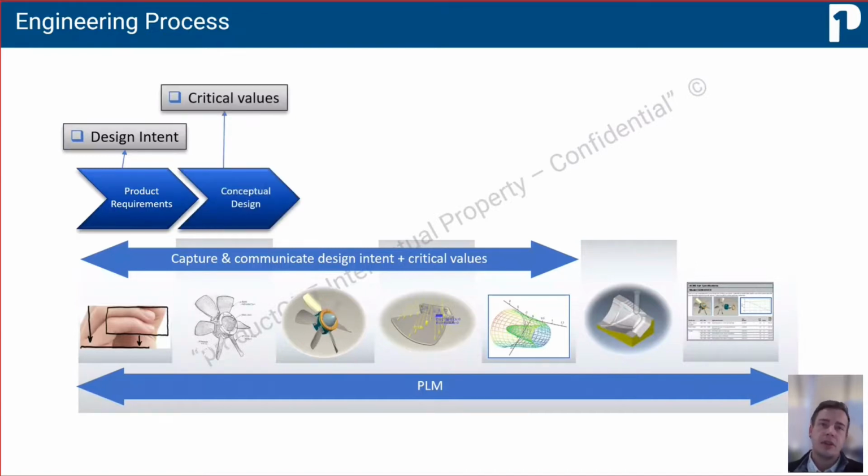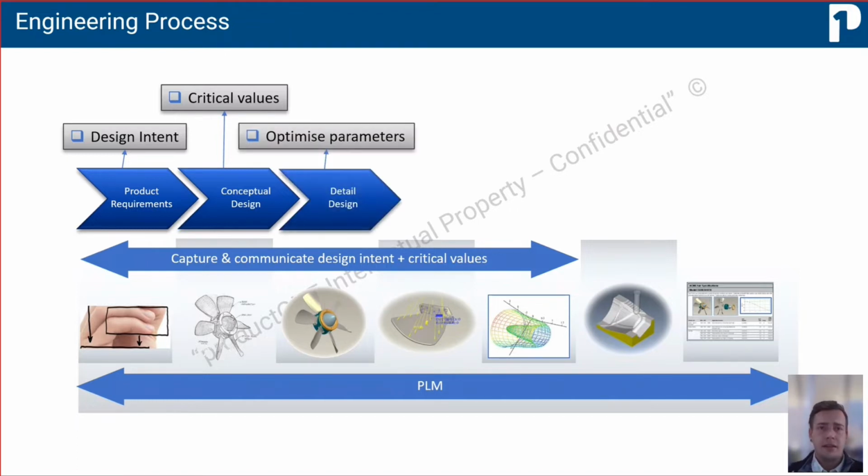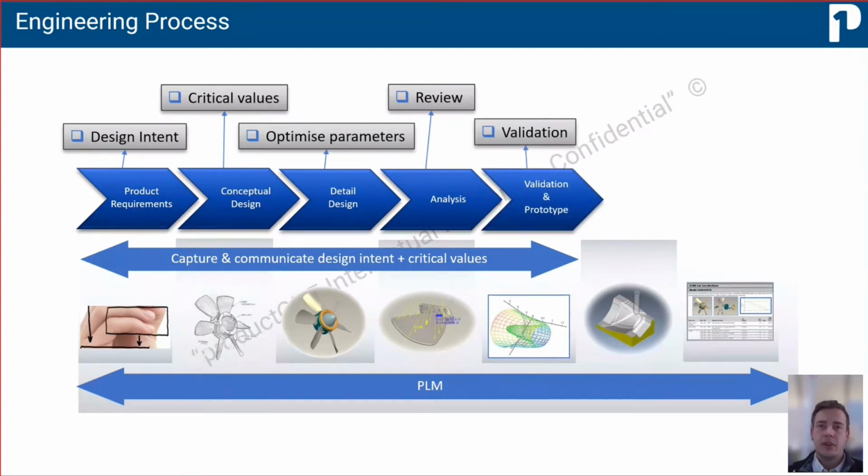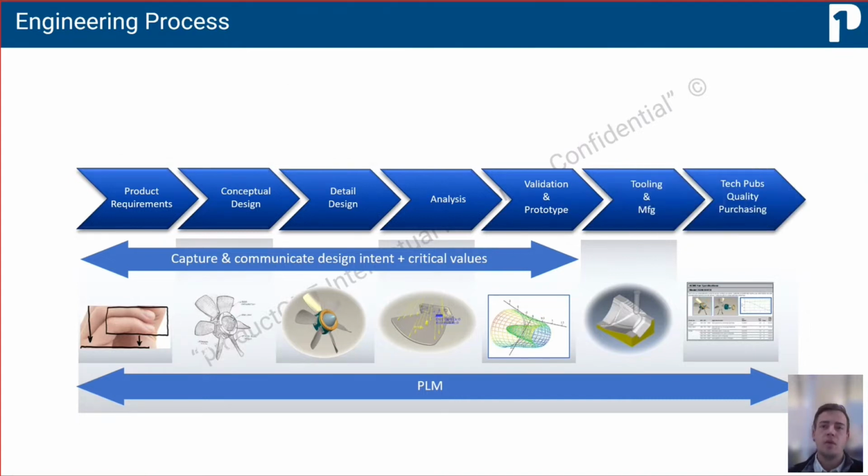You would then capture the critical calculations or values necessary for starting the conceptual design, detail the design and optimize any parameters necessary, internally review the design to ensure that it matches with the scope of work, and validate the intended design with calculations and findings with the client. All of this before the product or project can kick off with the action phase, such as your tooling, manufacturing, or technical publications, quality, and even your purchasing.